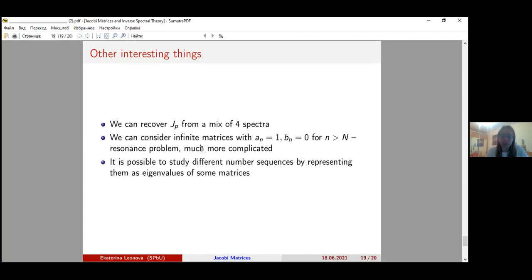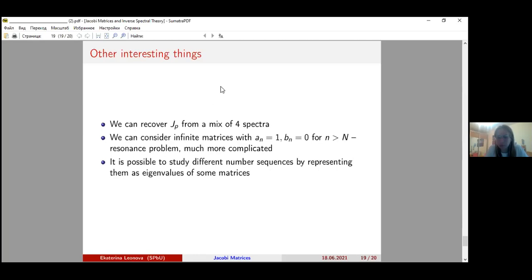So it's also pretty interesting. And what is the point of this? One of the main points is that we have another way to look at lots of number sequences, because we can represent them as eigenvalues, simple eigenvalues, or some complicated eigenvalues of different matrices.